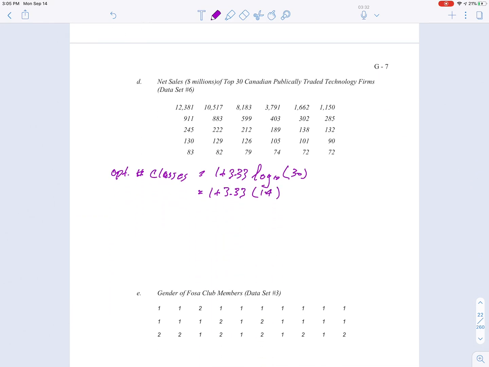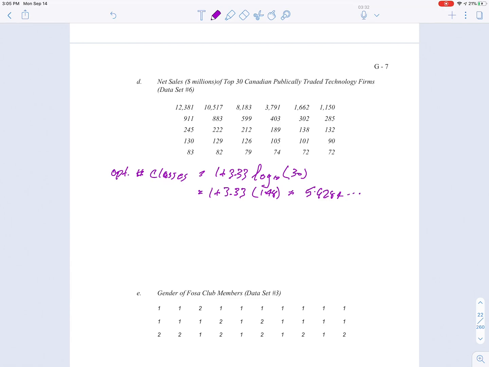All right, and then multiplication comes before addition, so 3.33 times 1.48, and then add a 1, and you're going to get 5.928284. That's something anyways.